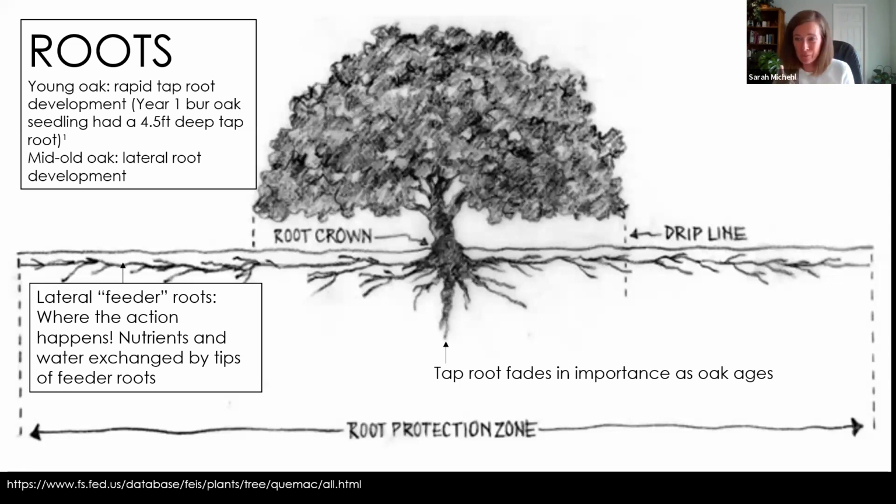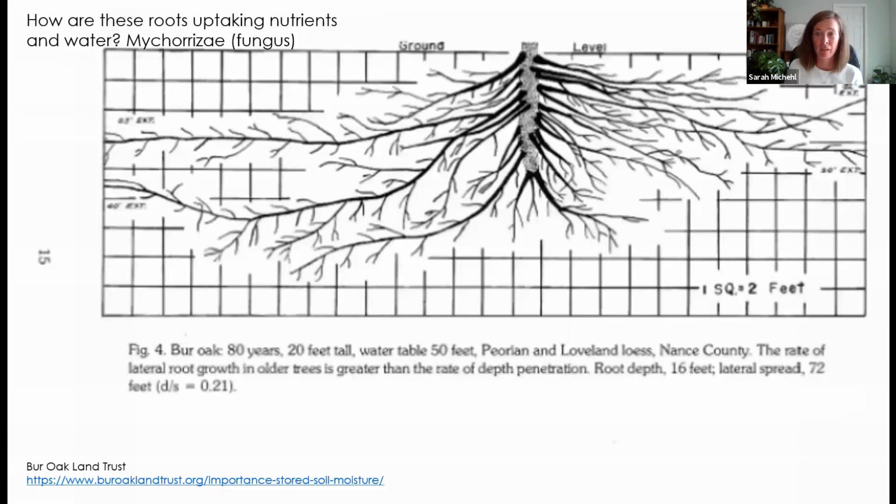And those lateral roots, that's where the majority of nutrient and water exchange is happening. And I want you to notice how shallow these roots actually are. Some of them are within the first 2 feet of the soil, okay? Each little square is 2 feet.